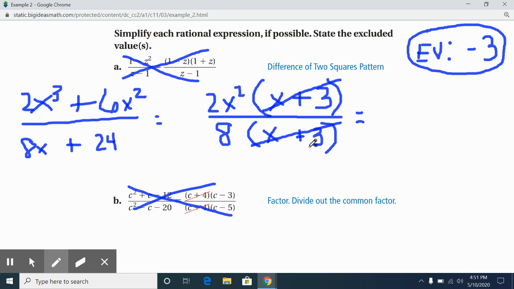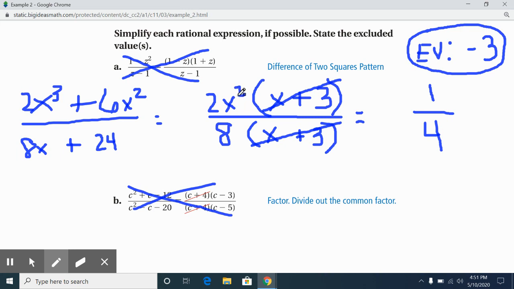Think about that. Now I'm looking at the outside, and I always start with my coefficients or constants. 2 over 8 is really 1/4. Now I'm going to look at my variable. Technically, I only have a variable on the top.